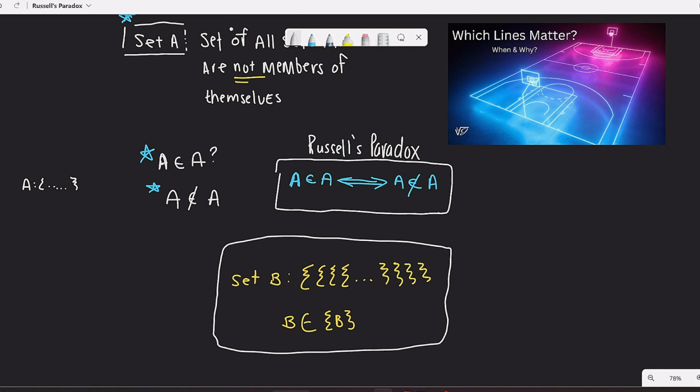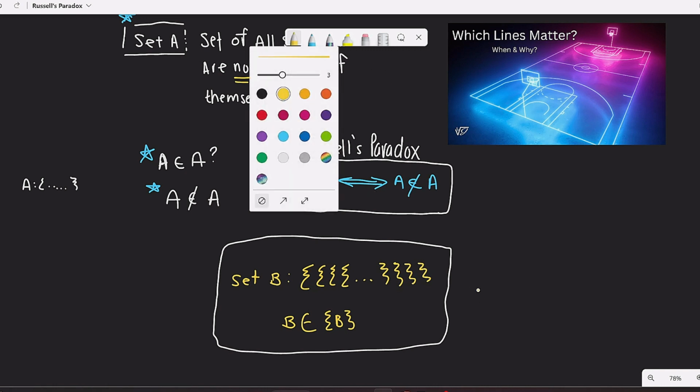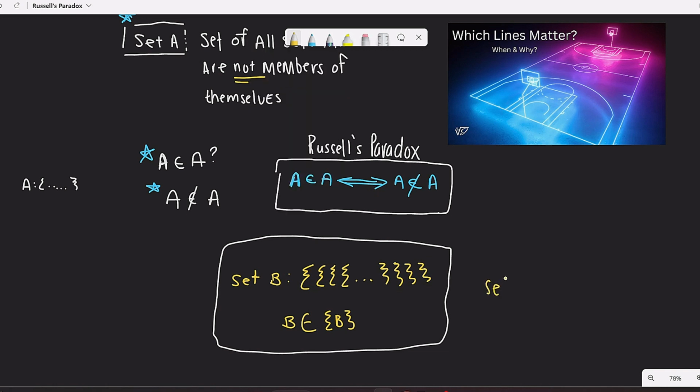And so it would not be part of set A. This set B is not an element of A.